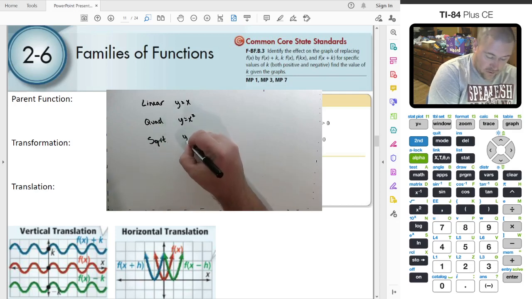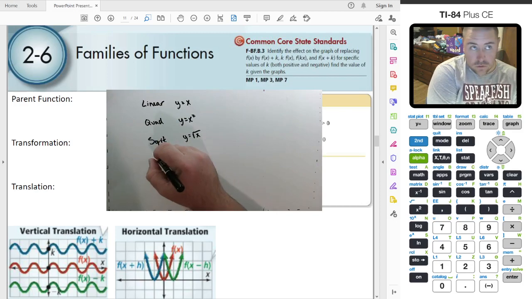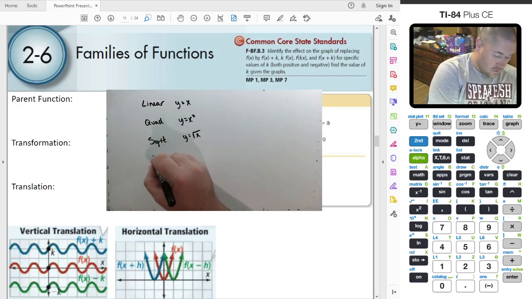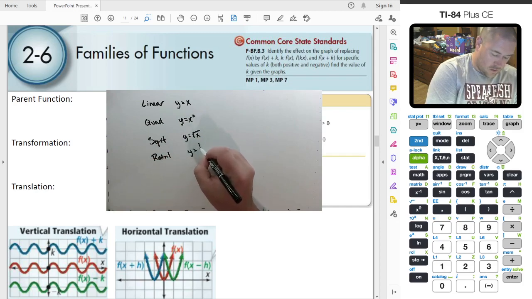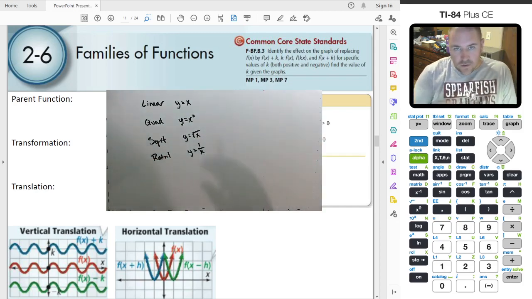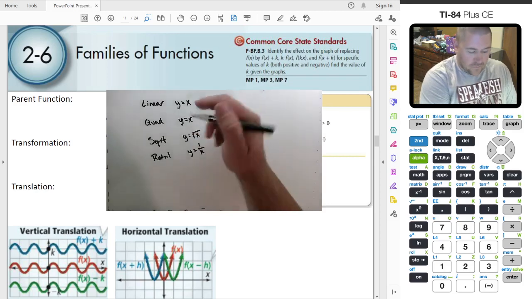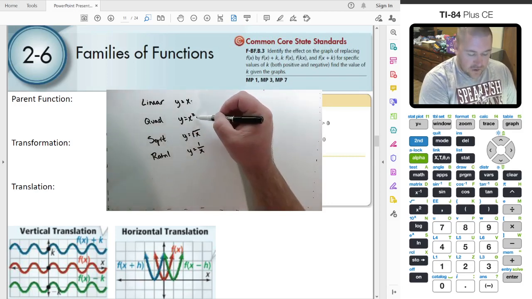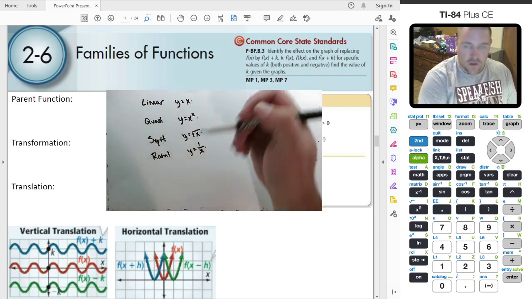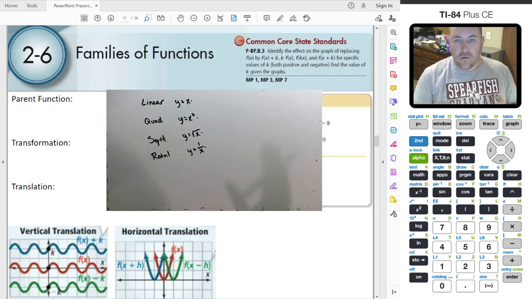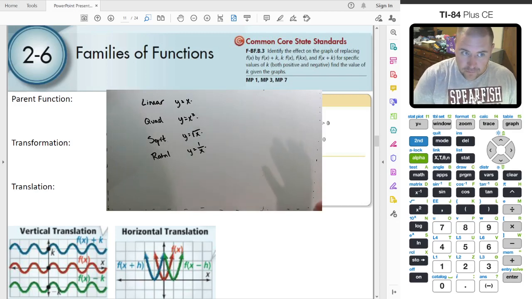This is all stuff from algebra 1. You learned about rational functions. And you notice that in every one of these instances, it's just the thing, just the thing, with nothing else with it. That's why it's called the parent function. It's the big mama bear, the genetic template that everything else comes from.